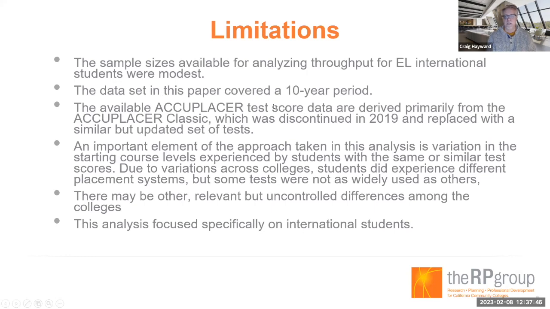Here we were dealing with only a little over 10,000, about 12,000 cases. The data covered a 10-year period, so we can't really say anything about relationships outside of that time frame.